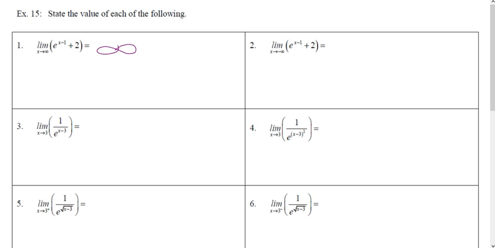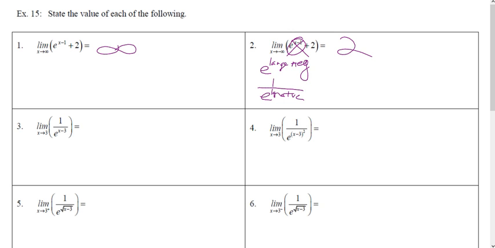And then you add 2 to that, and you get 2. Just to recap, we have e to large negative, which is 1 over e to large positive. So this gets zeroed out, and then we just have a 2.